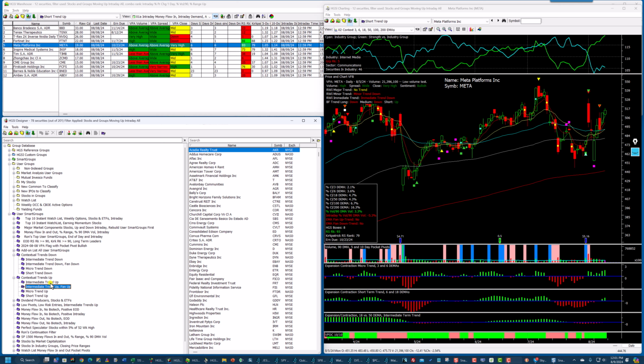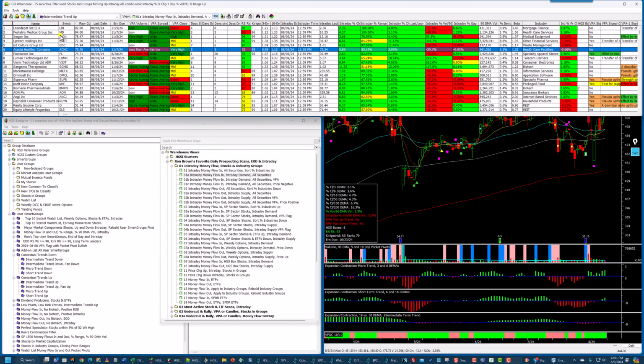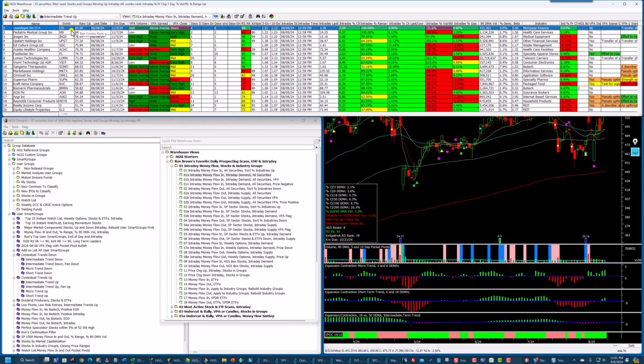Now let's take a look at their intermediate term trend up. In other words, all three of these are going to, well, let's go to the intermediate trend without the fan up. So I'm going to skip through to these, sorted on wall combo. That's a $2 stock.